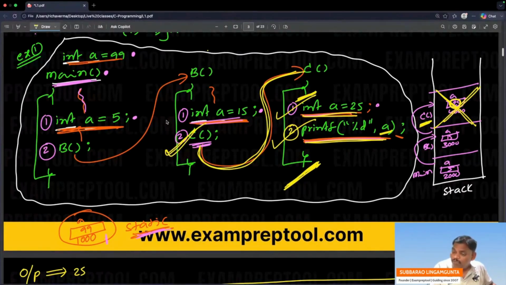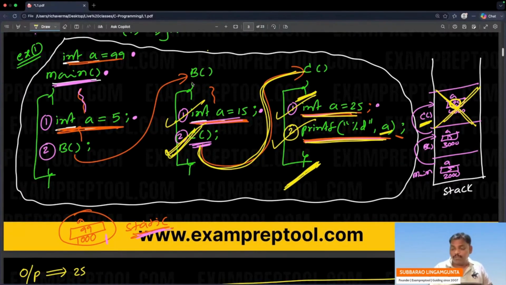But remember, in B, without completing the first line, don't go to the second line. Second line's purpose was why I went to C. Whenever I say the C function is over, the second line in B is completed.